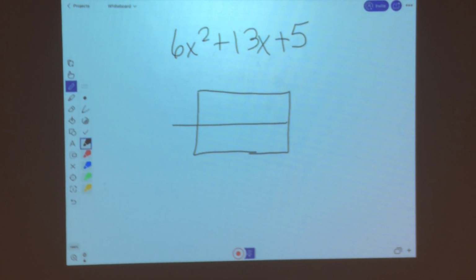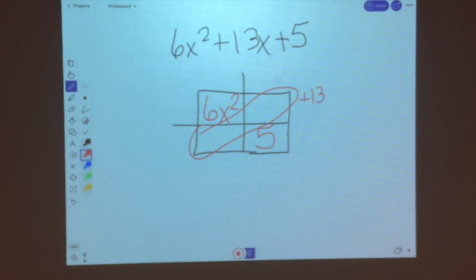Step 1, which I guess I didn't do on those other two, is to look at our terms and see if anything goes into them. But we know 13 is prime, so nothing's going to factor out. So I'm going to start by putting that a term in my first box, 6x squared, and that c term in my last box. And remember, these two have to add up to be our b term, which is 13.